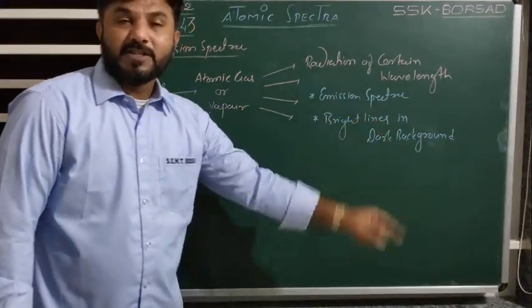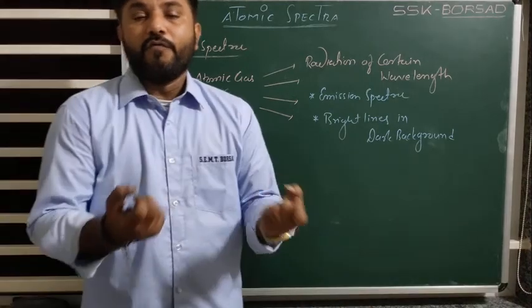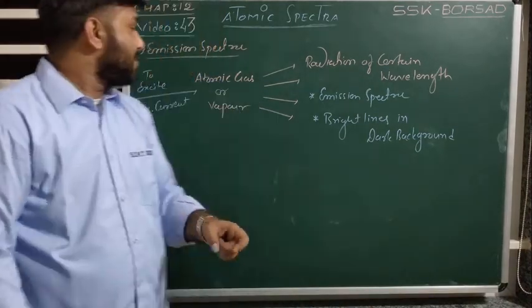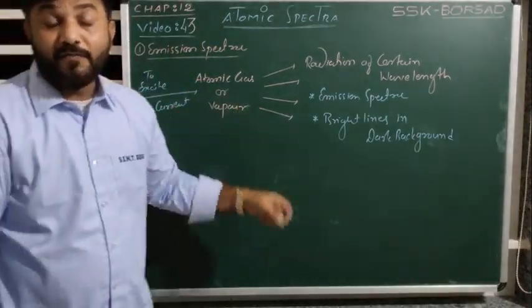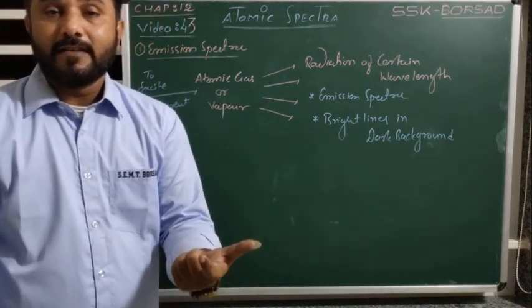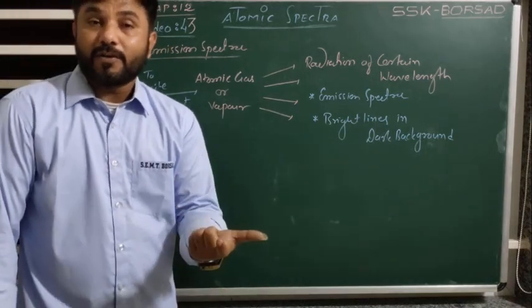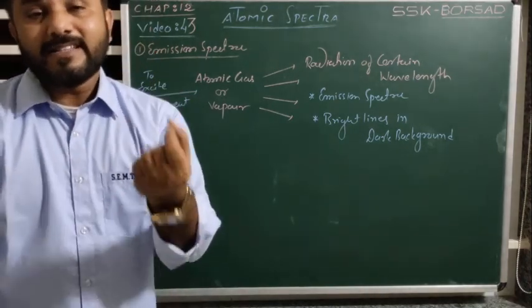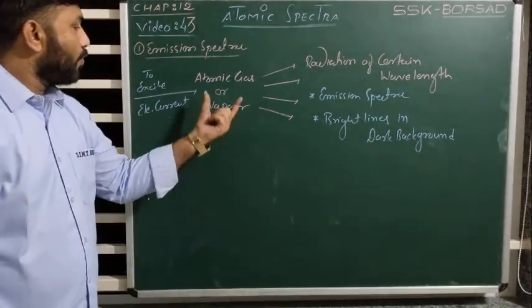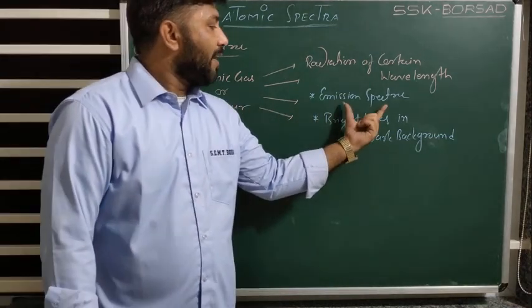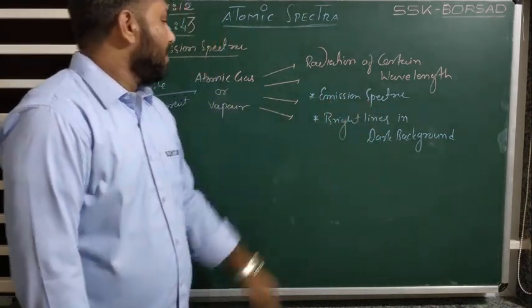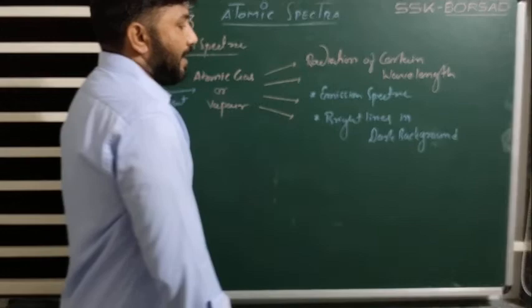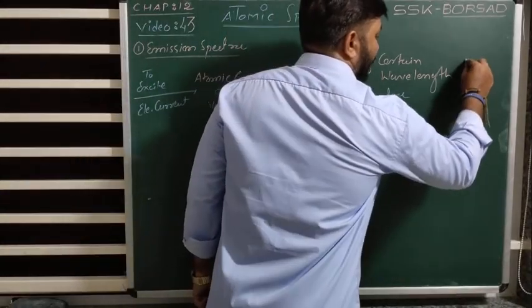From this emission spectra, what do we know? We can know the characteristics of that atomic gas. Which type of gas is there? What is its electron configuration, its atomic number, each and everything. Each and everything we come to know with the help of that atomic spectra. So, this atomic spectra is also known as, what is it called?